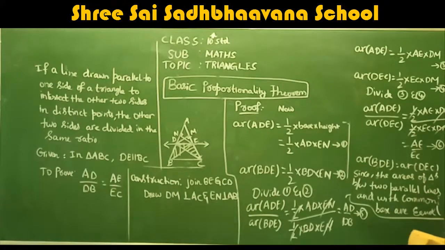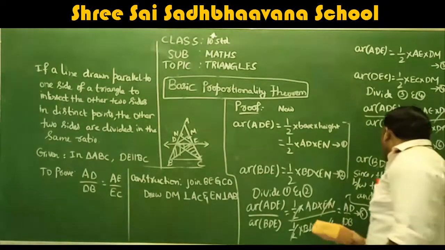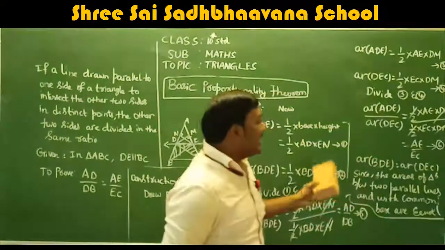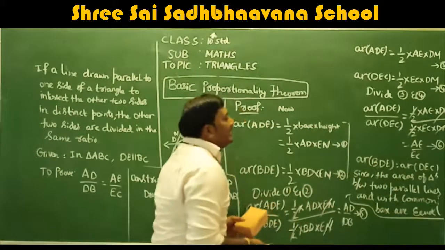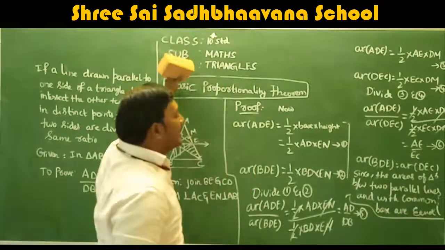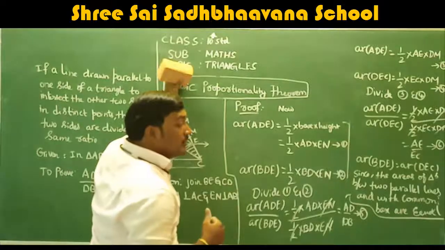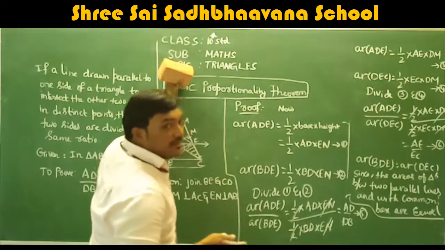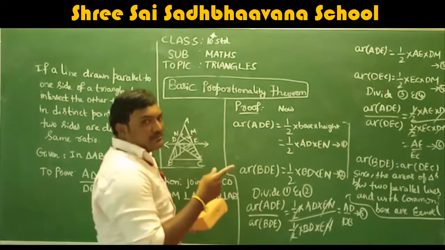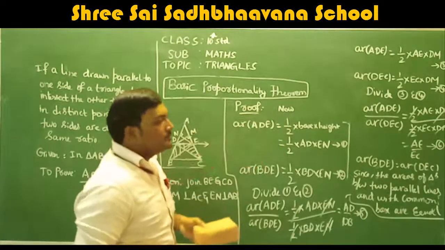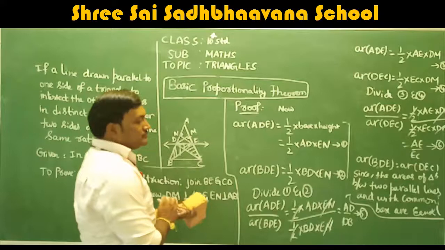So we can say that these areas are the same. So now you understood that clearly. Here, in the place of DEC, you can write BDE. Got it? So this you have to understand.